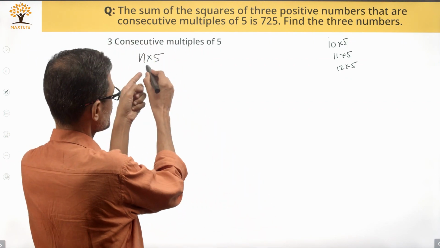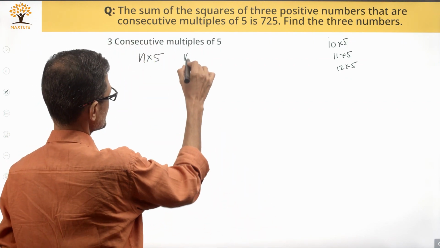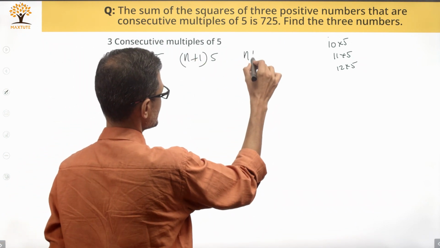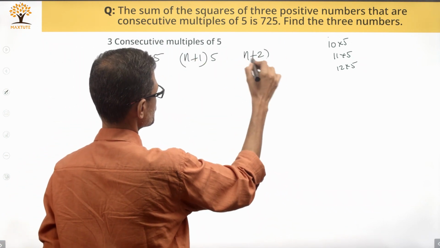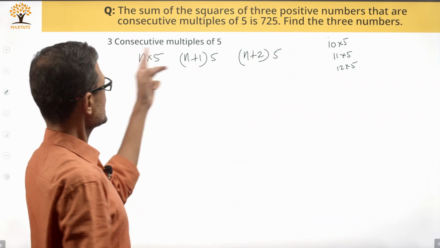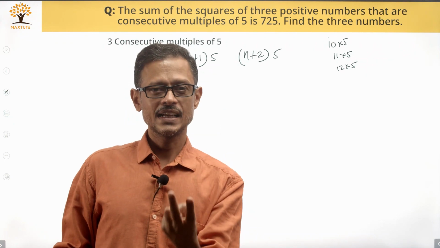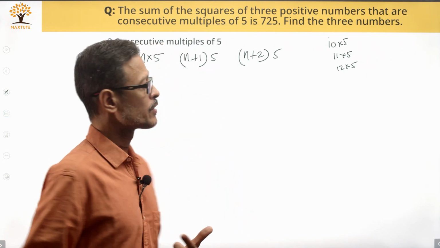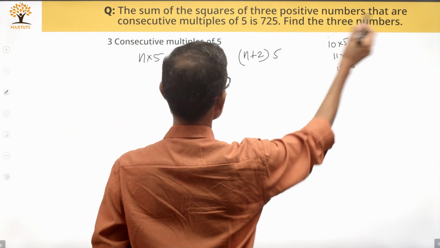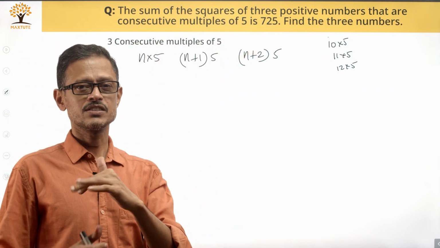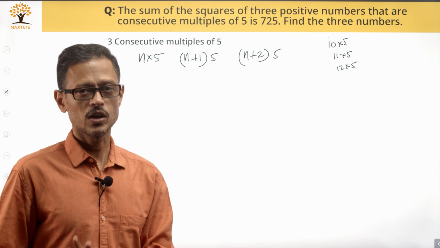So, the first multiple of 5 for us is n into 5, the next is n plus 1 into 5, and the third consecutive one is n plus 2 times 5. So, three consecutive multiples of 5 are 5n, 5 times n plus 1, and 5 times n plus 2. We have established what those are.